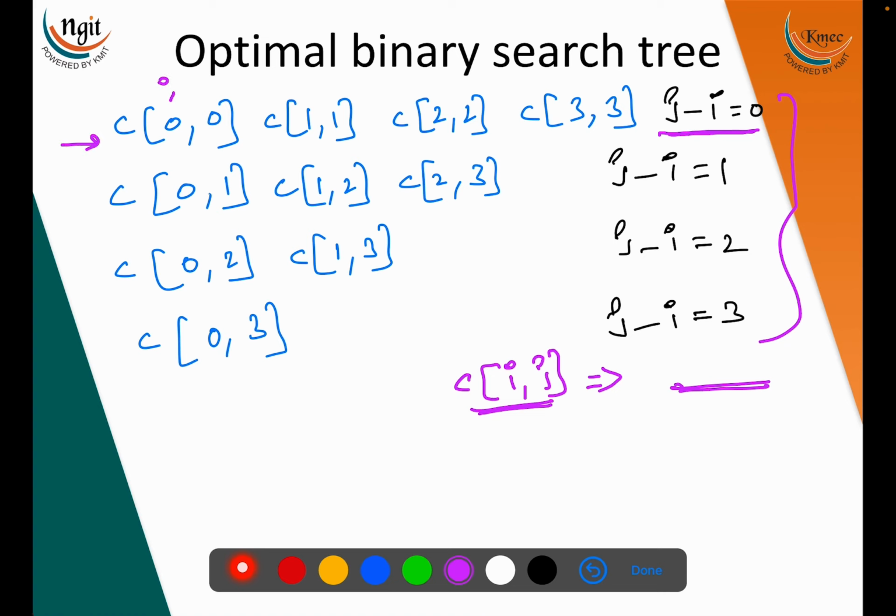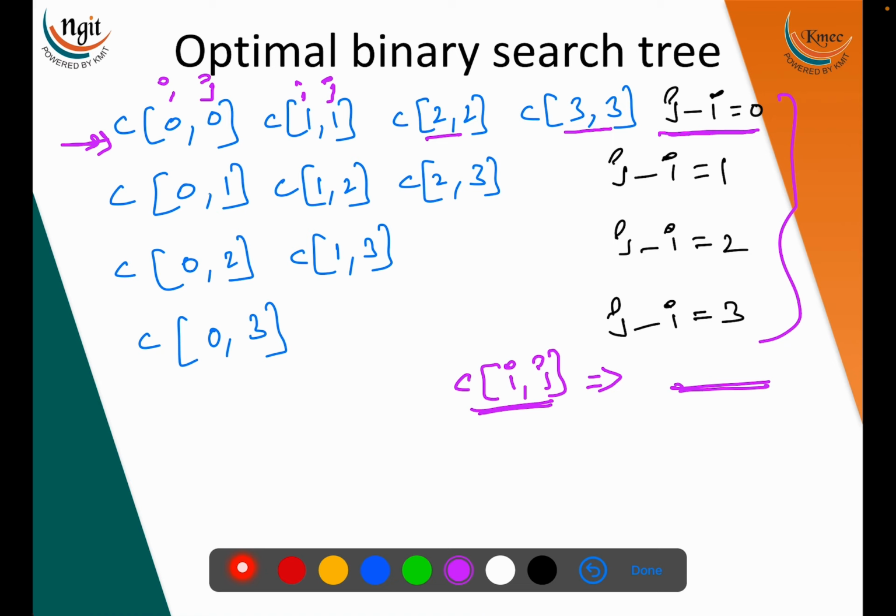Keeping in mind this is i and this is j, j minus i is 0, j minus i is 0, j minus i is 0. For all the j minus i values, we'll calculate first. The cost of these will get evaluated first.